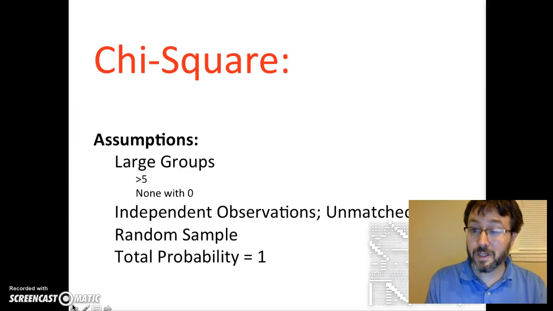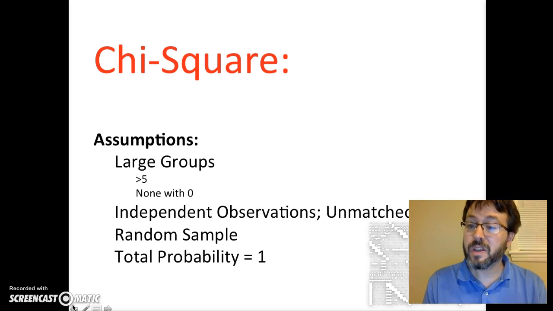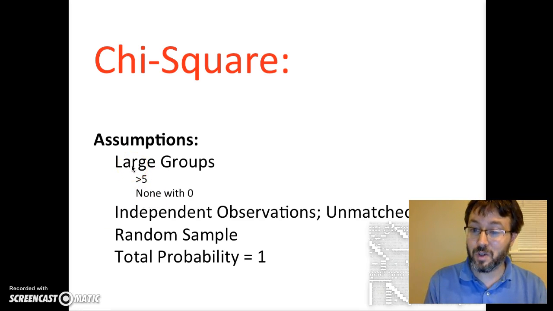So as with every statistical test, there are assumptions that go behind the test. So for the chi-square test of independence, it's assumed that in each of those squares of the 2x2 table, you have a large group, and that's defined as 5 or more observations, with none of the boxes having 0 in them.